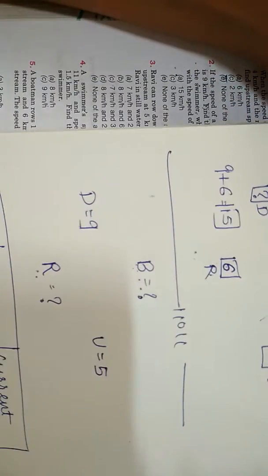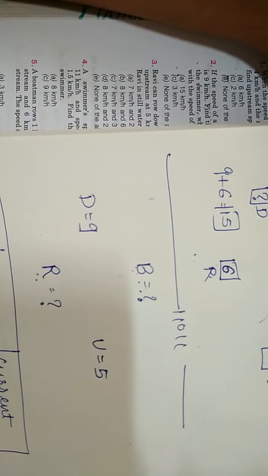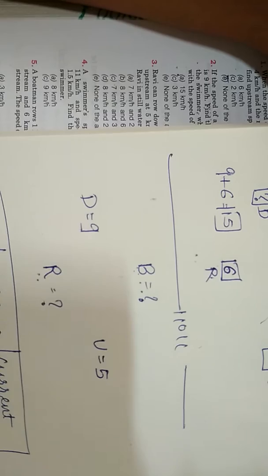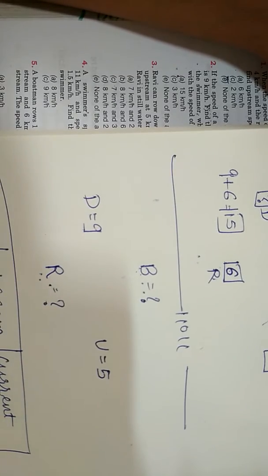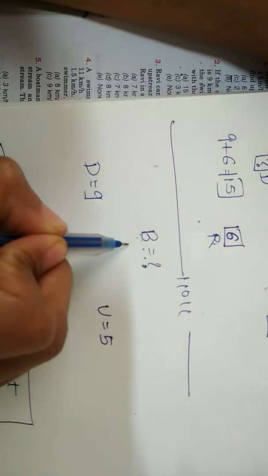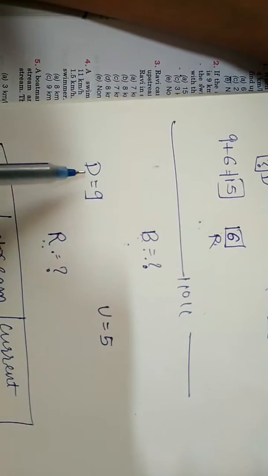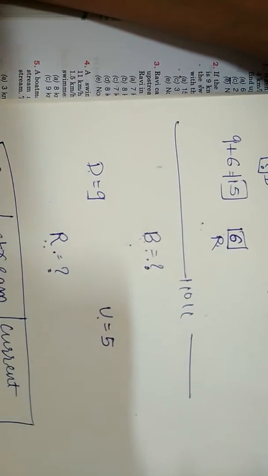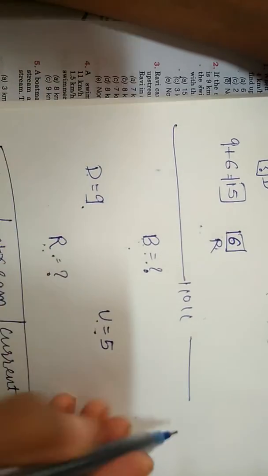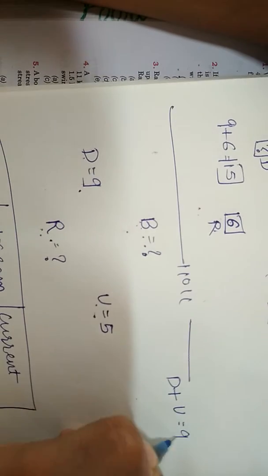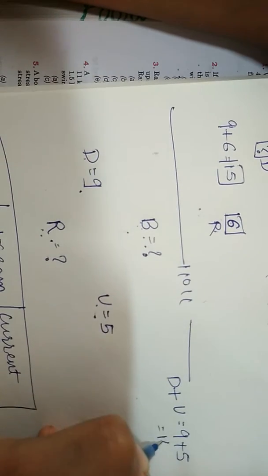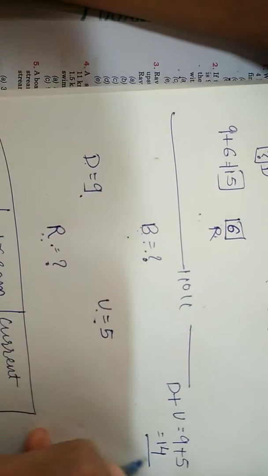Now you have to find the upper part and the bottom part. So how could this be done? When you have to find the upper part, you add d plus u and divide by 2. So d plus u is 9 plus 5, which is 14, divided by 2.